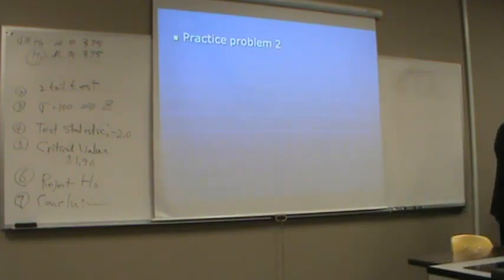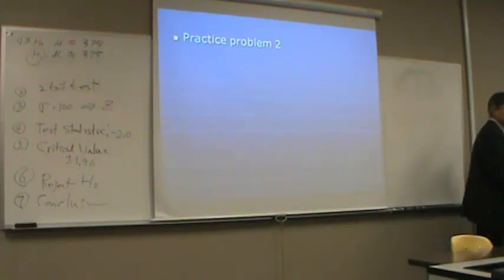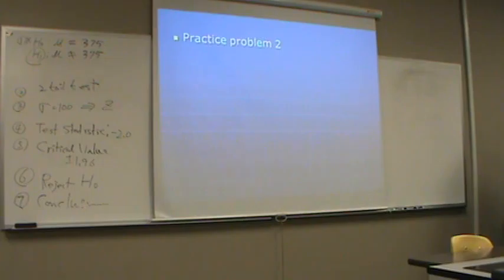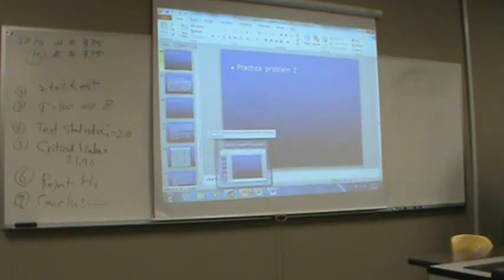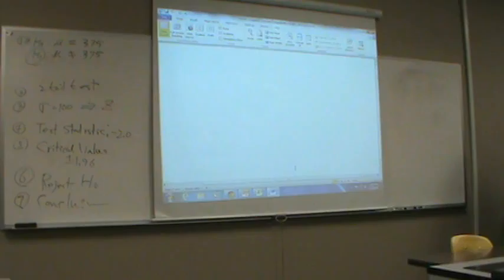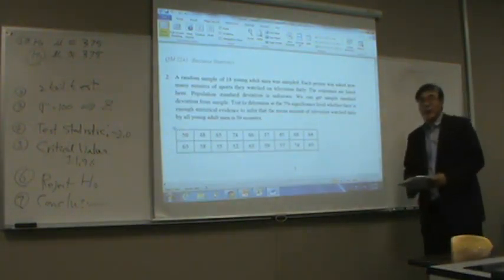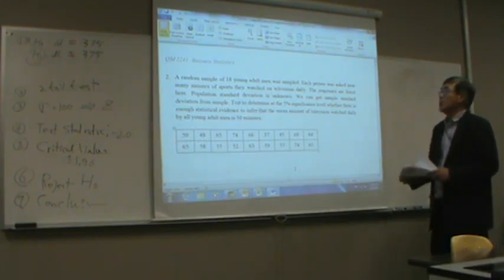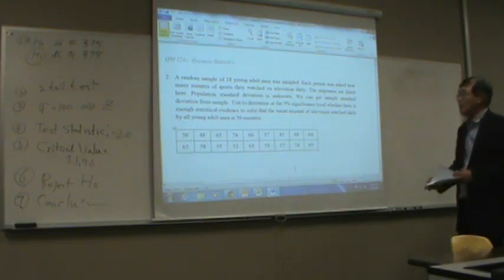Let's do a practice problem together. Practice problem number 2. A random sample of 18 young adult men was sampled. Each person was asked how many minutes of sports they watched on television daily.